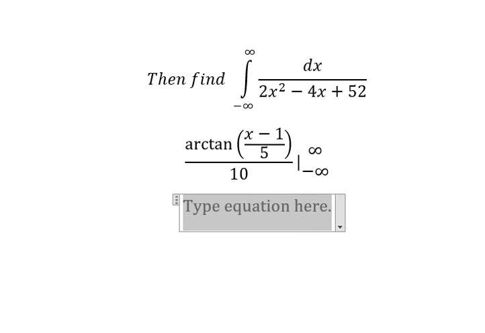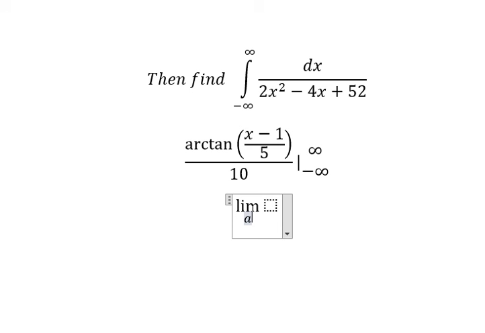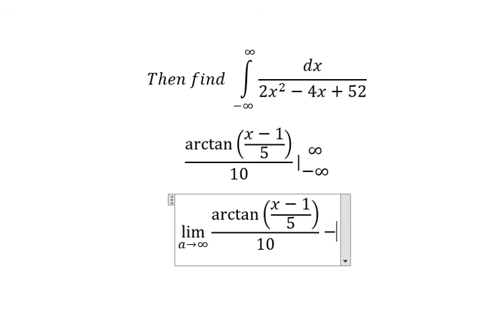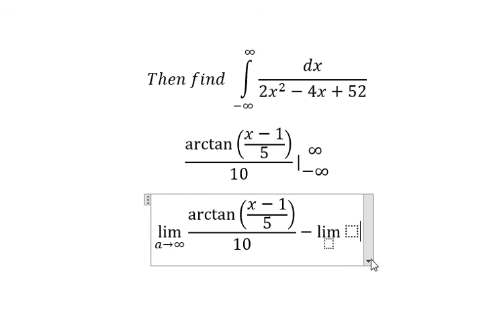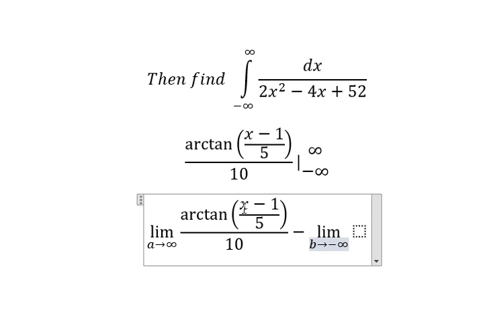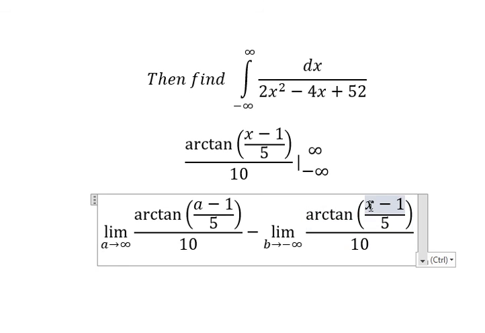The limit number 1, that's a approaching positive infinity for this one, minus the limit number 2, that's b approaching negative infinity. I need to put a in here, and we have this one. Now we change s into b.